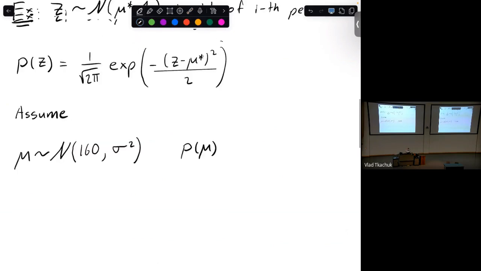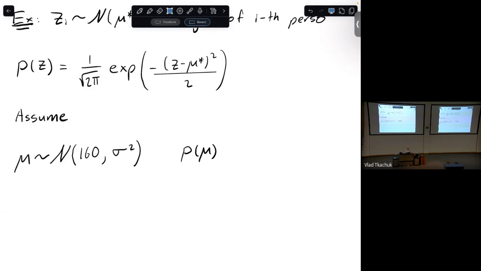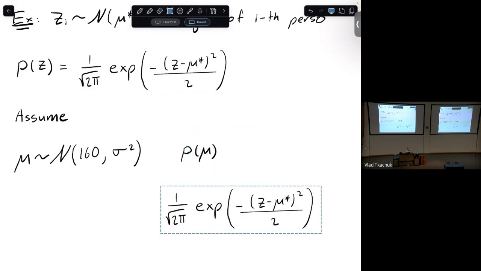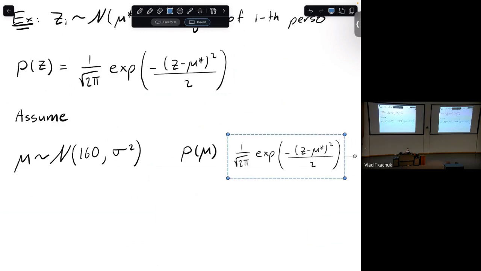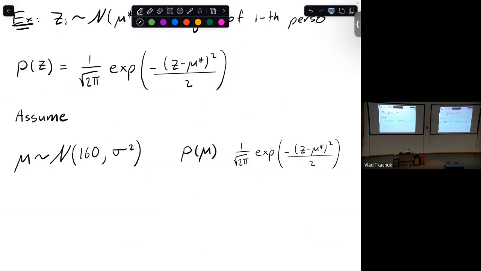All that says is that this P of mu also has a normal distribution. Now, mu is the variable inside this PDF, so z is replaced with mu, and mu star is the mean, which is 160. And the variance goes downstairs and is 2 sigma squared.